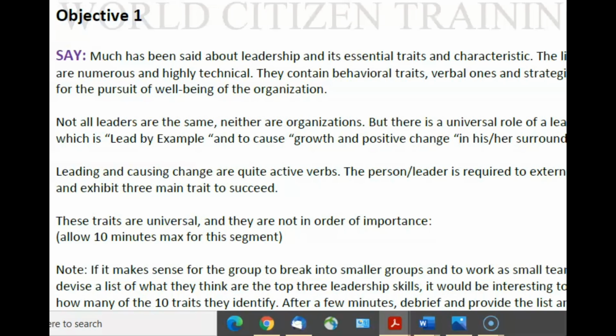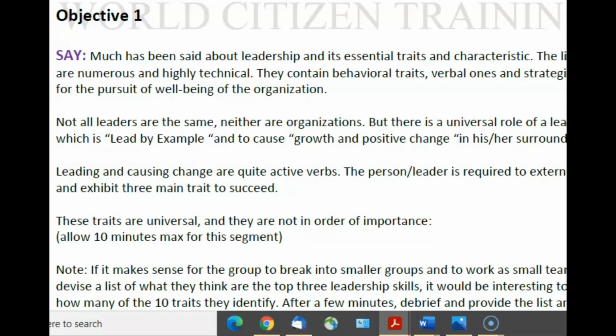But if you look at a lot of it, you'll see that in many cases it's the same core skills presented in different ways or called something different. So we want to make sure that people know that not all leaders are the same, and organizations, of course, are not. But there is a sort of universal understanding of what a leader is.